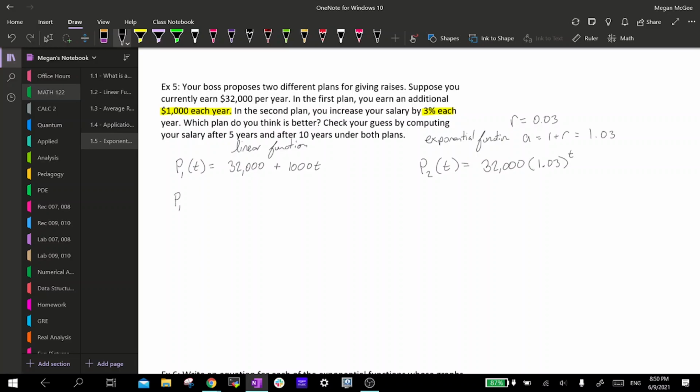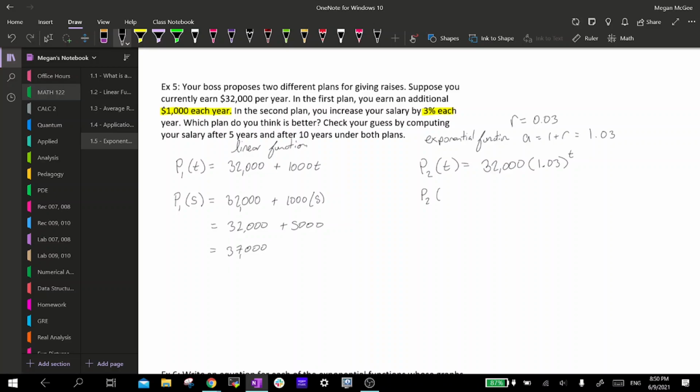All right, so P1 of 5 years, so this will be your salary after 5 years of raises. Well, that's just going to be $32,000 plus $1,000 times 5 years. So that's $32,000 plus $5,000. So we have $37,000.